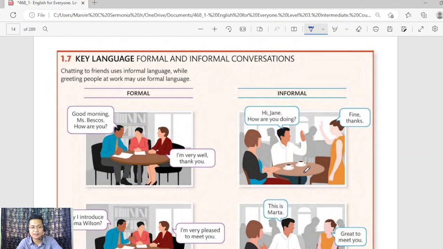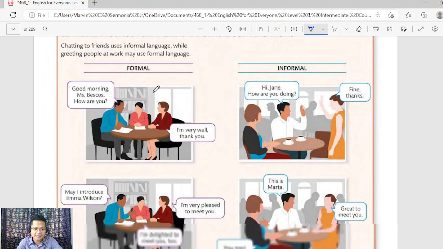It's important that we know what kind of language to use when we talk to different people. If you are talking to people at work, for example your coworkers or your boss, it is advisable to use formal language.